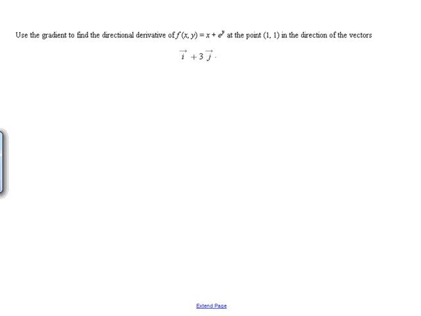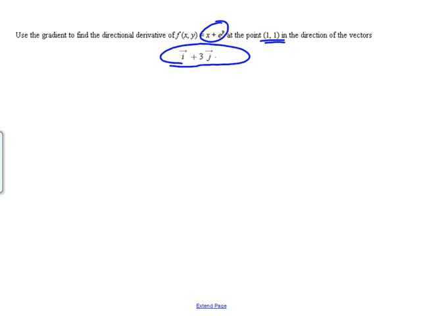Okay, so this is the last problem. What we want to do is use the gradient, grad f, to find the directional derivative of my function here at the point (1, 1) in the direction of the vector i + 3j.